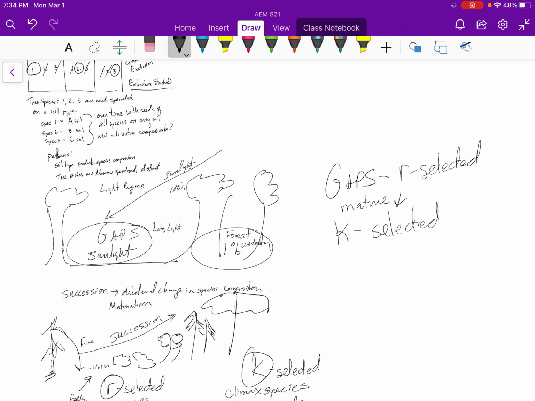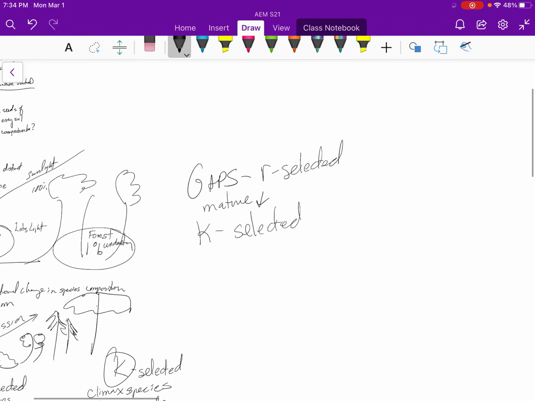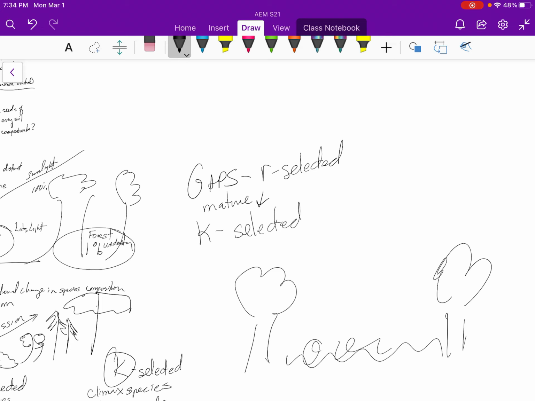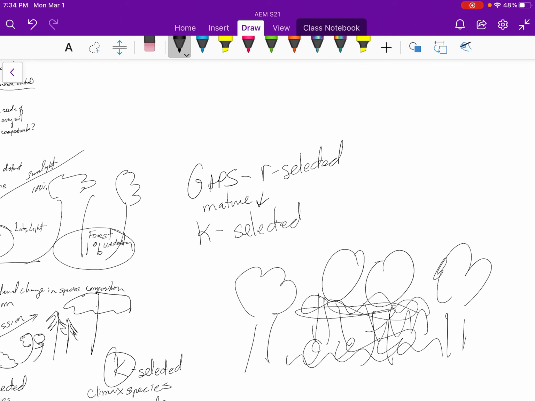So essentially, your gap, as you might imagine it, would start like a big hole in the forest where a tree has fallen down. It would begin with shrubs and little things, and then bigger trees would grow in here, and then those trees would compete, and eventually you'd have, again, giant canopy trees.